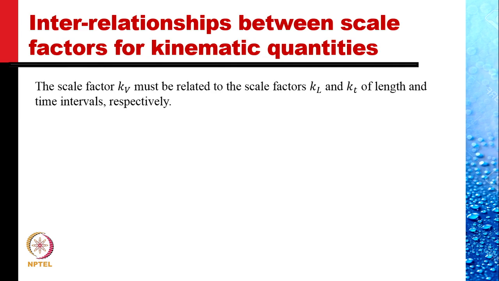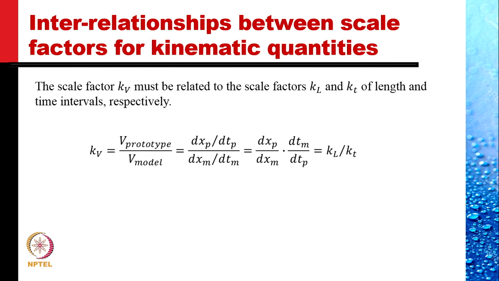For example, let's start with the scale factor for velocity Kv. It must be related to scale factors Kl and Kt of length and time interval respectively. Kv, the scale factor of velocity, is equal to V prototype divided by V of model at the homologous point.